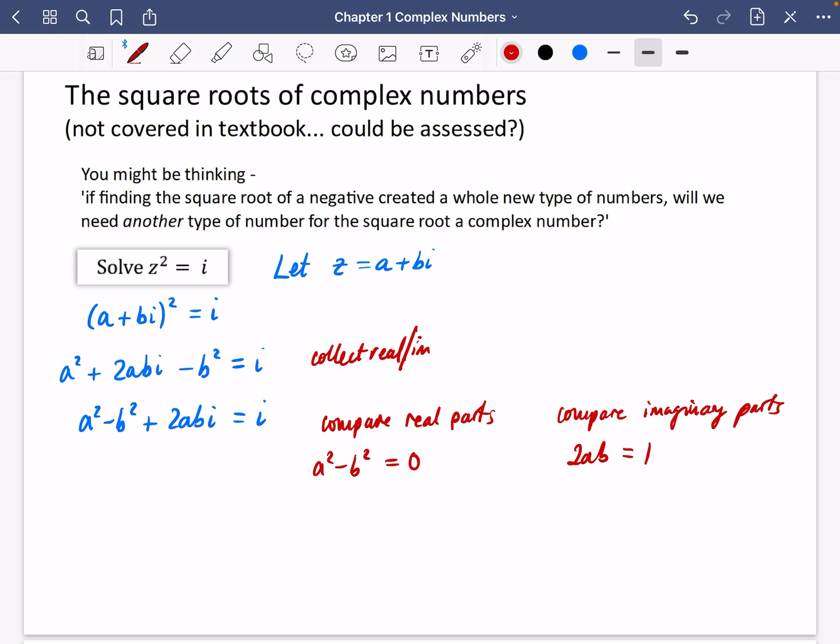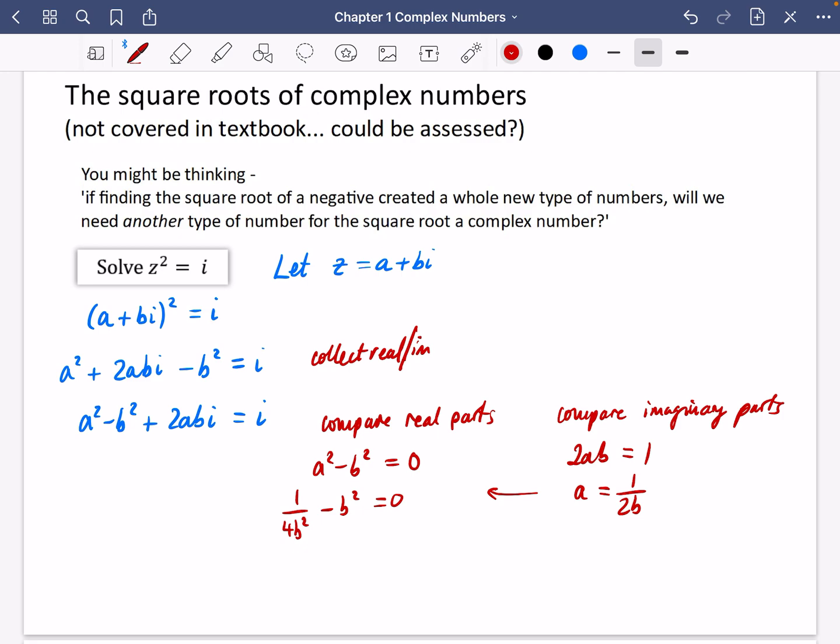So we can solve these equations simultaneously. Let's rearrange something from this one that we've got here. I'm going to find out what a is equal to. a is going to be equal to 1 over 2b. So if I sub that into this equation, I would have (1 over 2b) squared. That's going to be 1 over 4b squared, minus b squared equals 0.